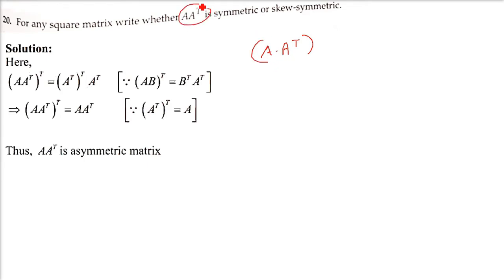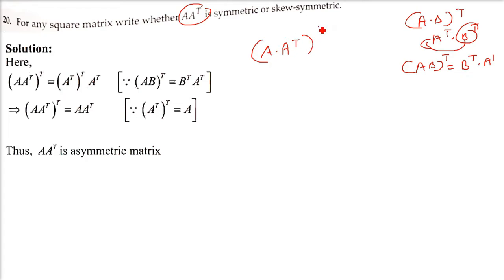So what is the possibility? When we take the transpose of the product of A and B, it will be B transpose into A transpose, but B transpose will come first. That is, AB transpose is nothing but B transpose into A transpose.